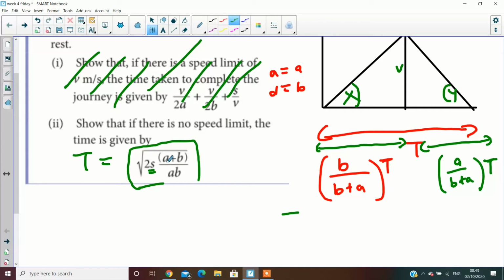Now, in order to make this happen, what we're going to do next is we need an S in the answer, don't we? What's the only way you're going to introduce an S?